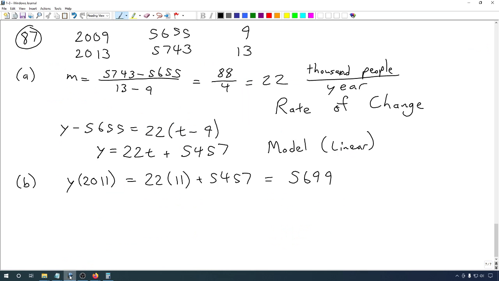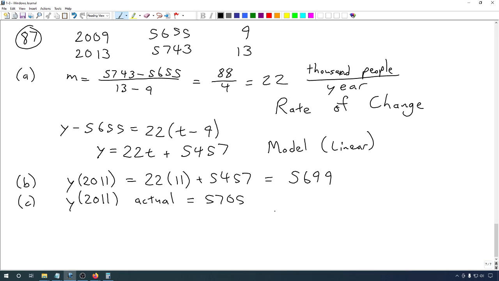So our actual result and our estimate are not really the same number. We're off by about 6,000 people.